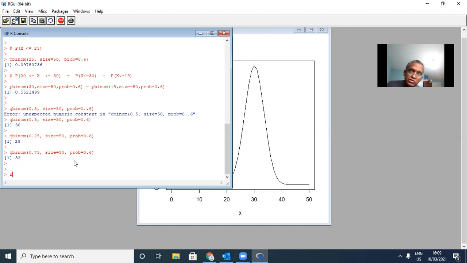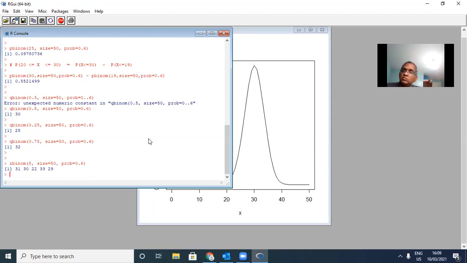And finally, let me show you how to generate random numbers. To generate random numbers from a binomial, you will use the rbinom command. Suppose you want to generate 5 random numbers from a binomial with parameters 50 and 0.6, and this is what you will get.